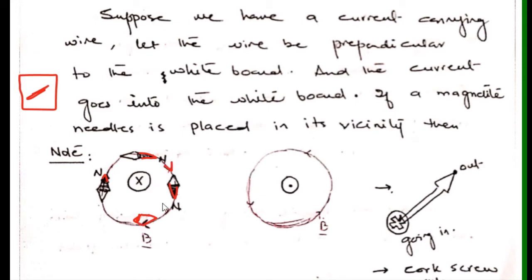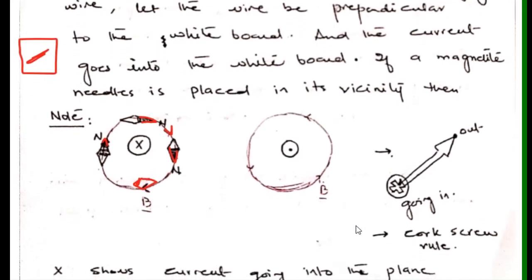So the magnetic field will be in the clockwise direction when the conducting wire is going into the plane of the whiteboard, and when it is coming out of the plane of the whiteboard, then the direction of the magnetic field will be anti-clockwise.